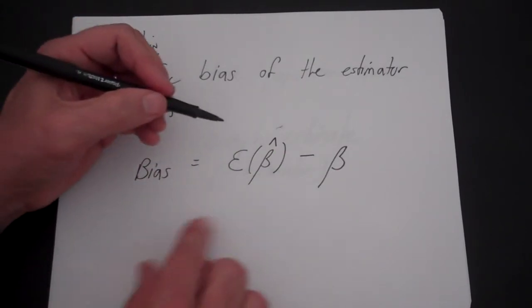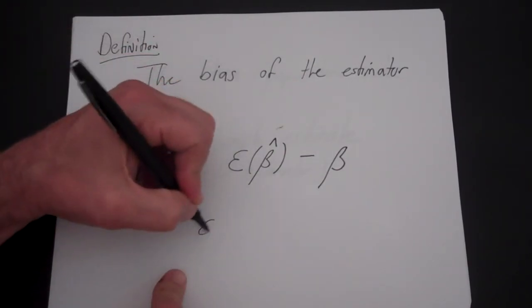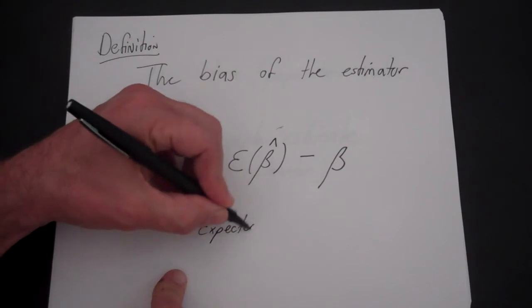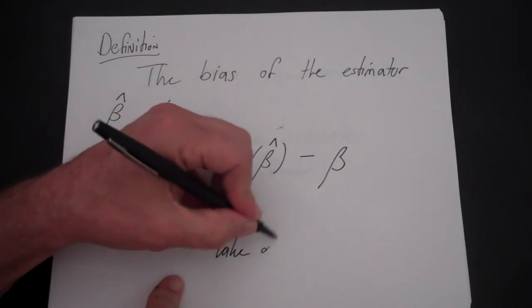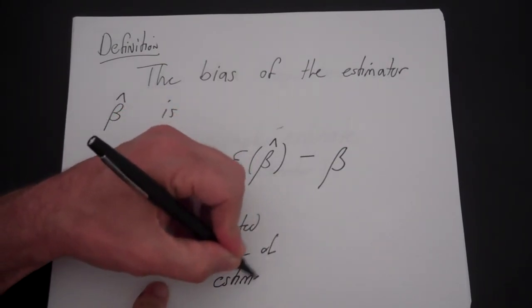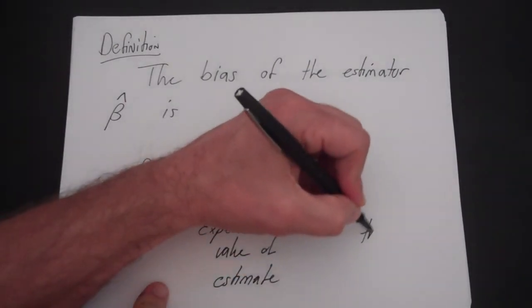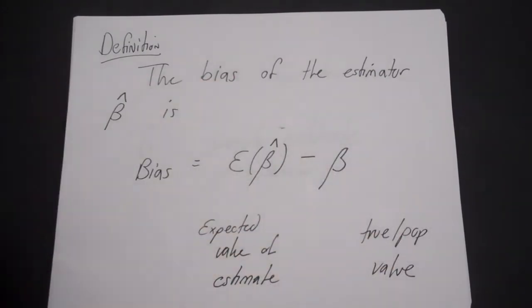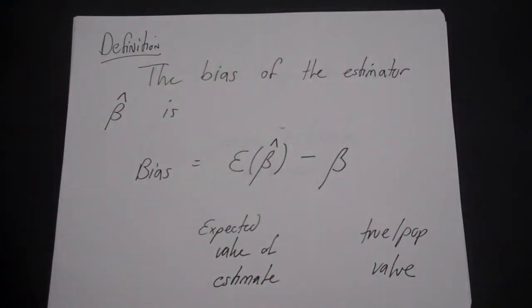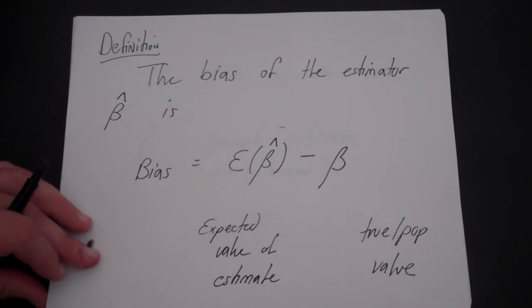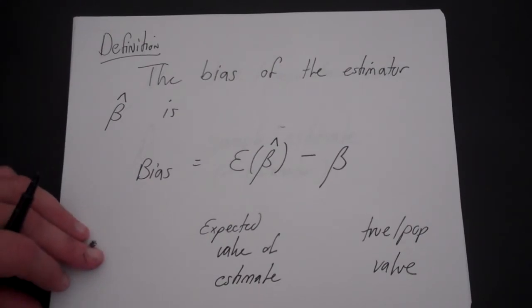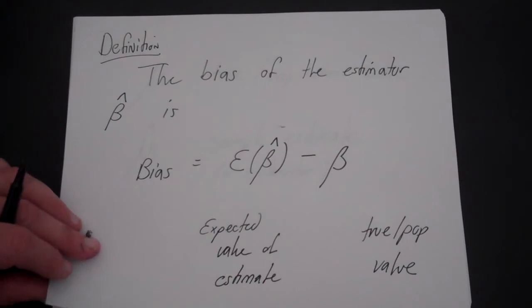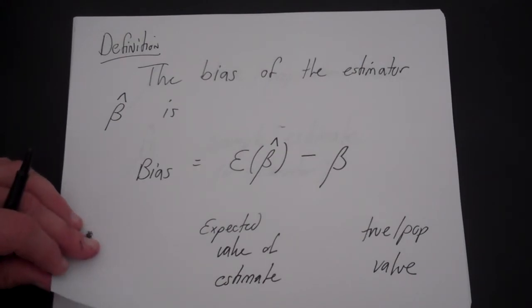So the difference between the expected value of the estimate and the true population value. So here's the key distinction. Bias is not whether or not you get the right answer. It's if you would take repeated samples, on average would you get the right answer? And that's the definition of bias.